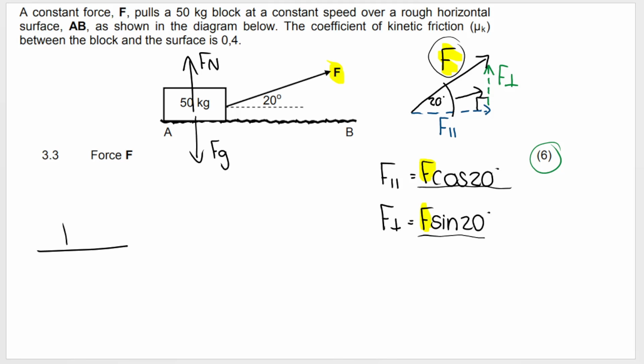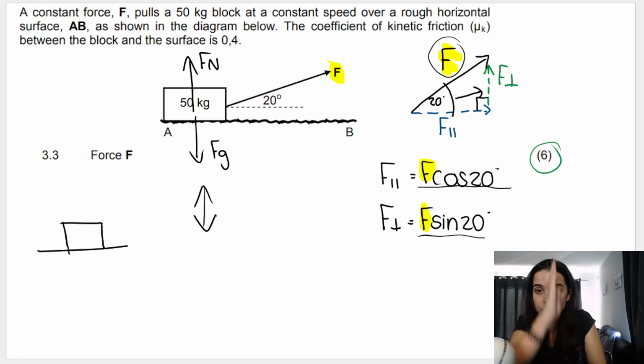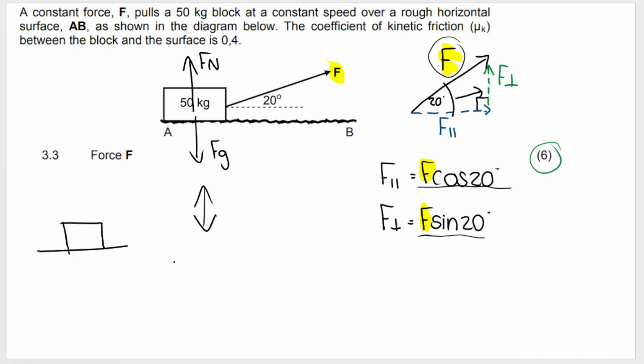If I have an object on a flat horizontal surface like this, and there are no other forces acting in the perpendicular direction, and when I say perpendicular direction, I mean up, down, then it is true that the magnitude of the normal force, Fn, is equal to the magnitude of Fg. However, in this question, this is not the case.